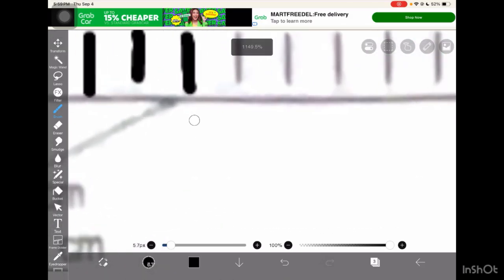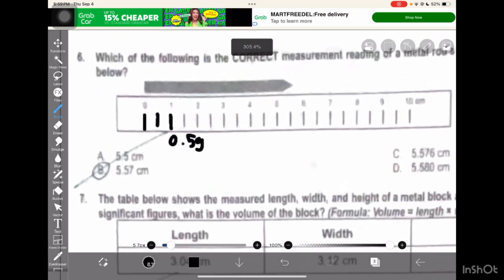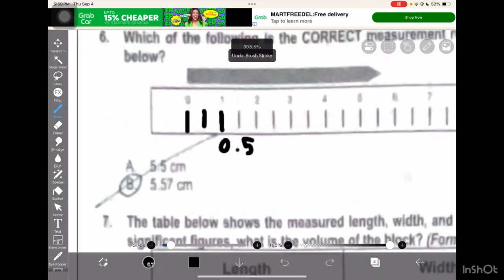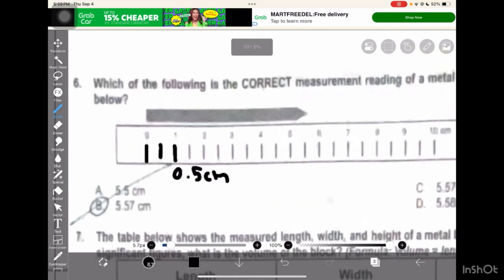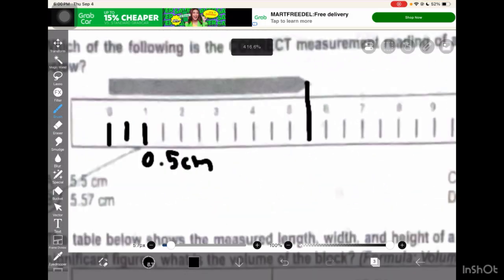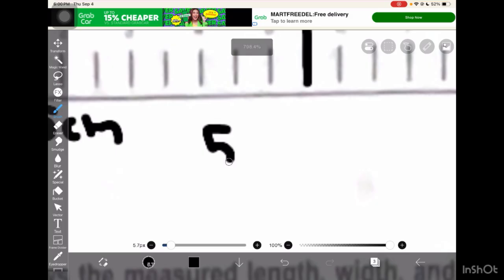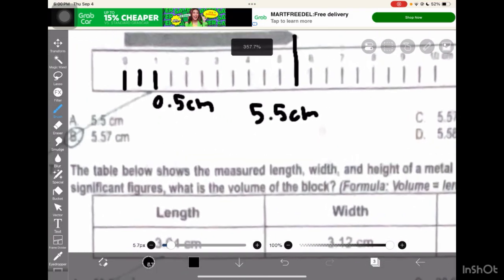So, the increments of this ruler is 0.5, sorry, 0.5 centimeters. But as you can see, we got 1, 2, 3, 4, 5. And as you can see, we just about make it to 5.5. So 5.5 centimeters.